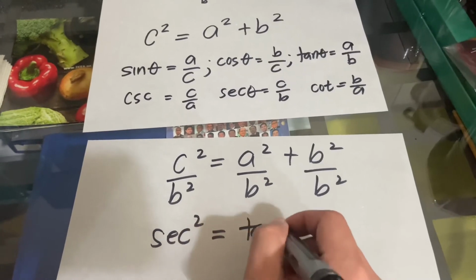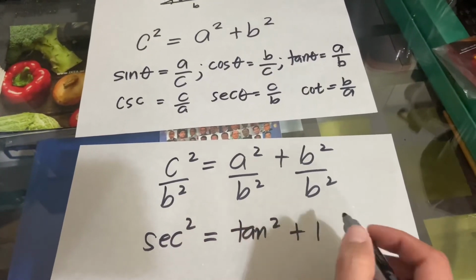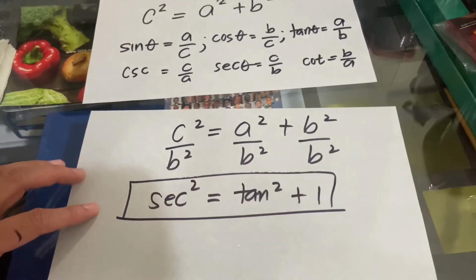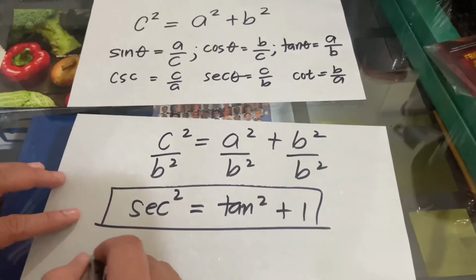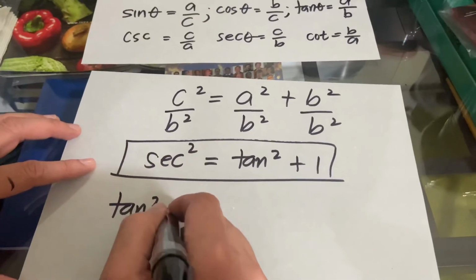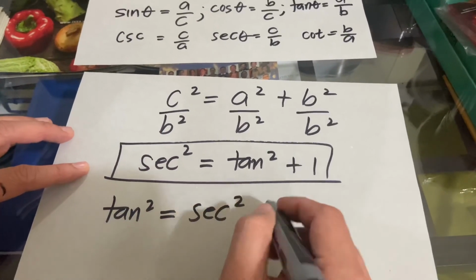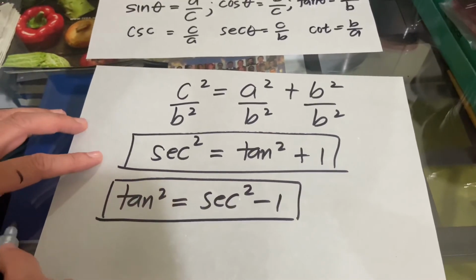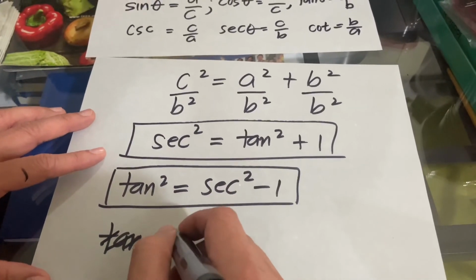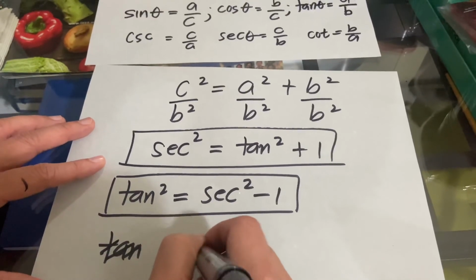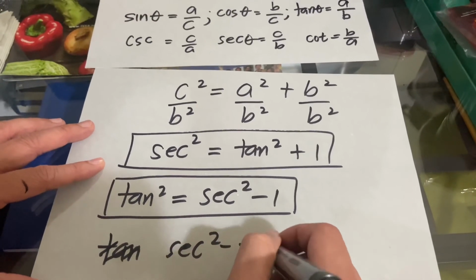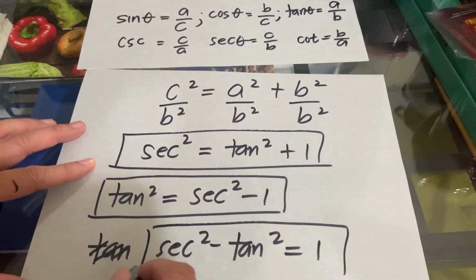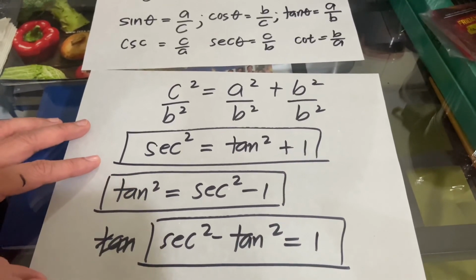So tangent squared plus 1. So this is another identity. Or you can have tangent squared is equal to secant squared minus 1. That's another one. Or the last one would be secant squared minus tangent squared is equal to 1. So that's another identity.